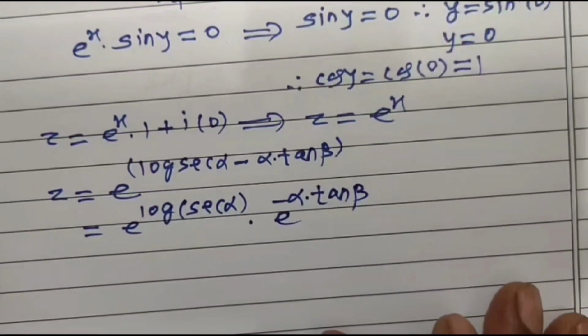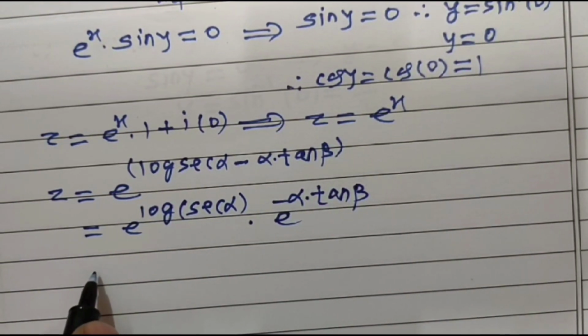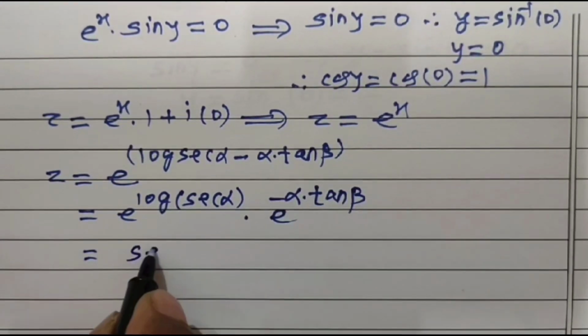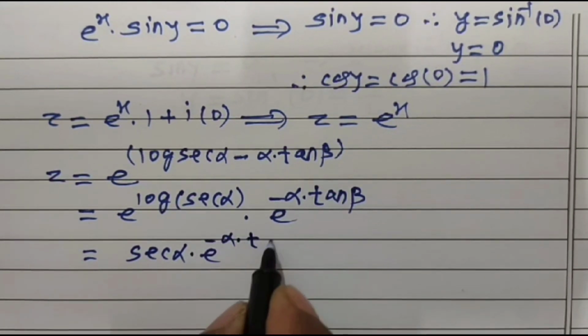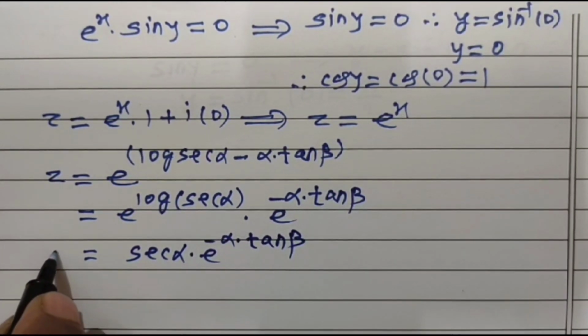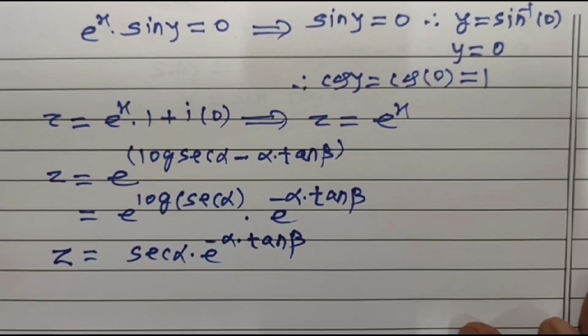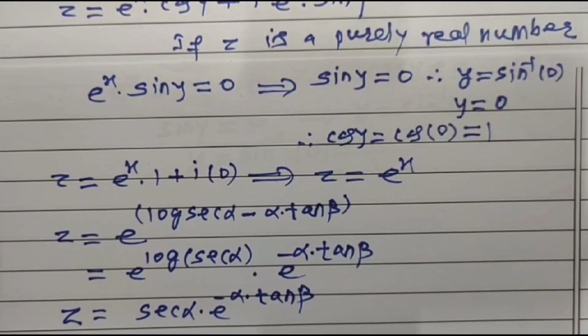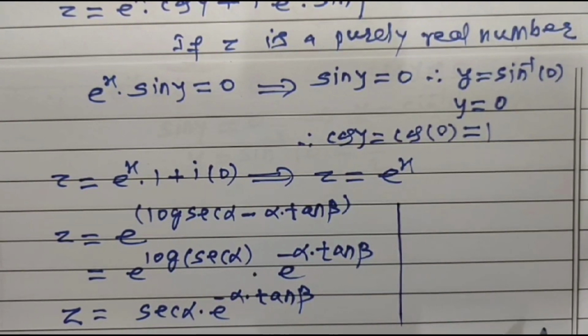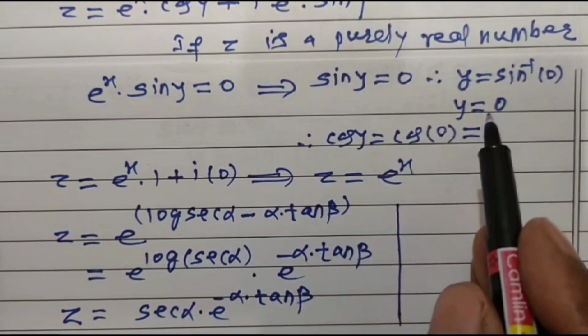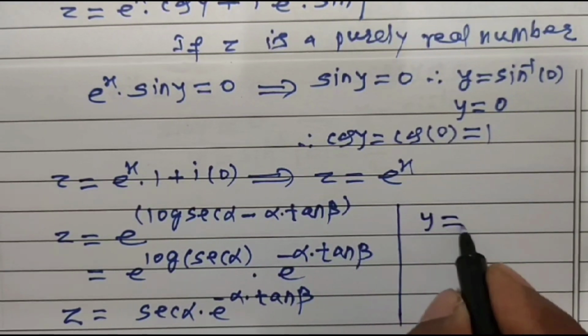But e to the power log of sec alpha is simply sec alpha, so z is sec alpha into e to the power minus alpha tan beta. This will be the value of z if z is a purely real number. Okay, let us find the value of e to the power minus alpha tan beta. If z is a purely real number, then y must be equal to 0.